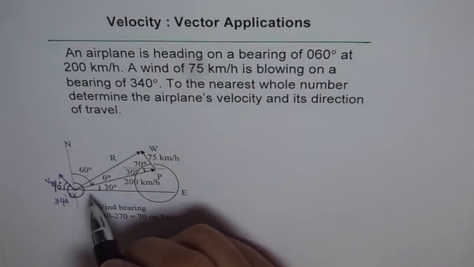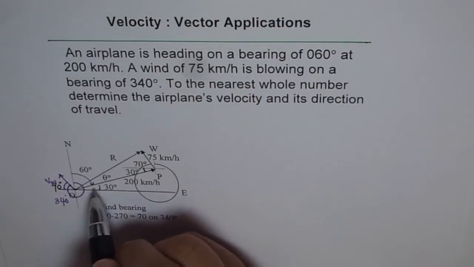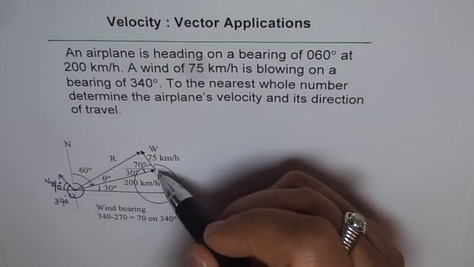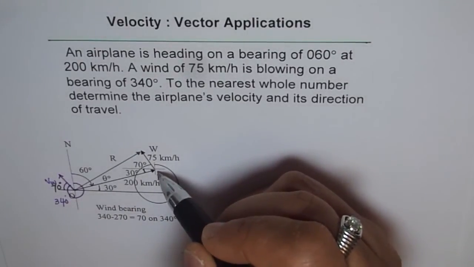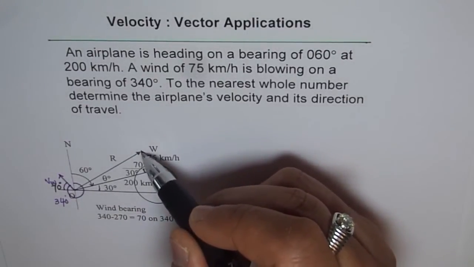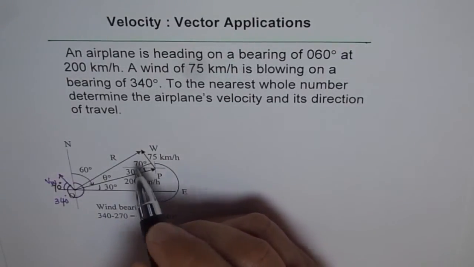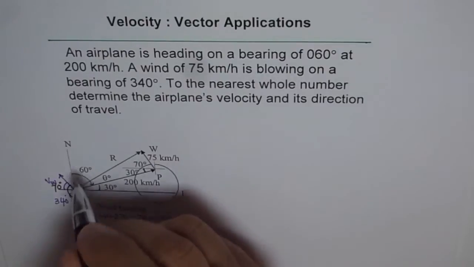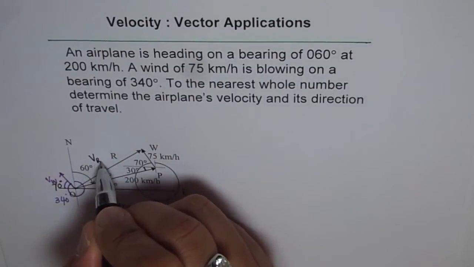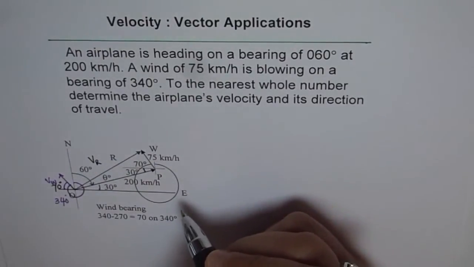Now since the plane is moving along OP and it is pushed by wind from P to W, the resultant is OR, right? So we'll call this VR, resultant velocity of the plane.